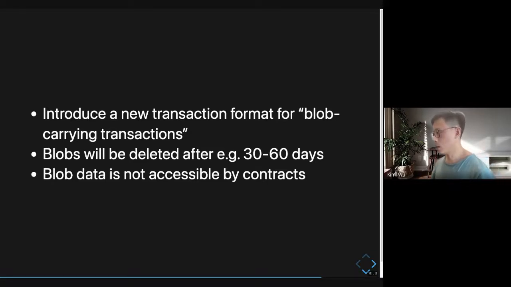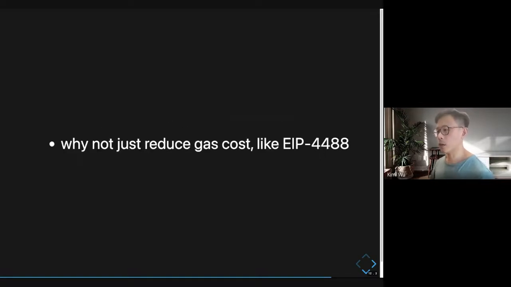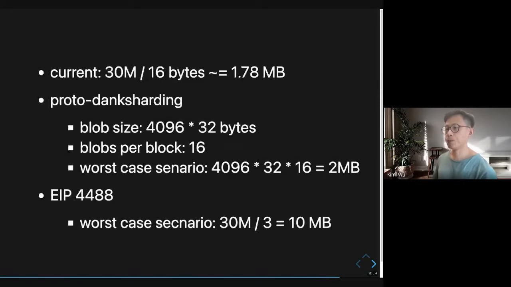So the idea is, let's see. The first question is why not just reduce gas cost? EIP 4488 is different from proto Danksharding, which is 4844. Through blob data, you can carry more data but with lower gas. This is the idea of proto Danksharding. So let's do some simple math and look at the current state.